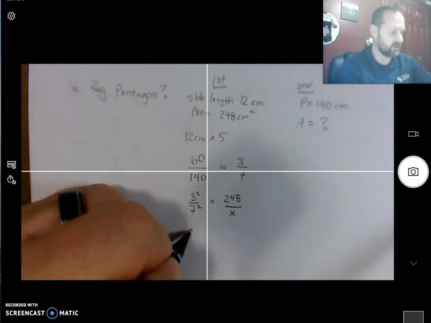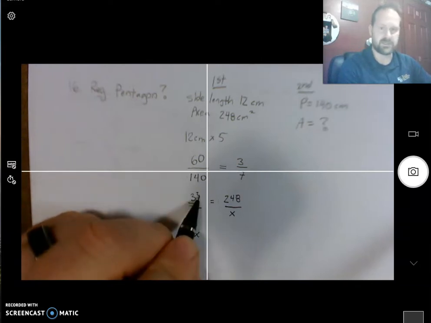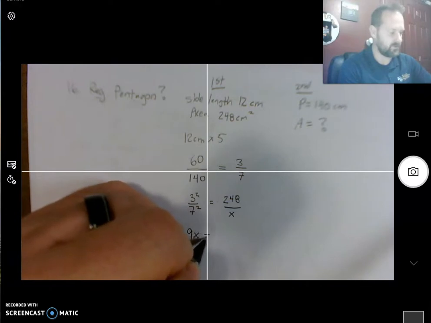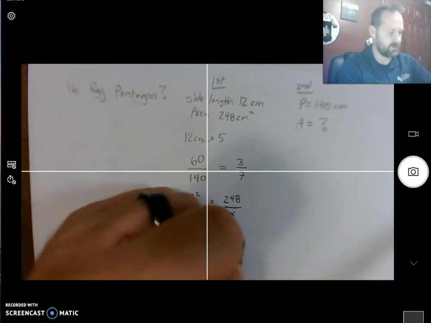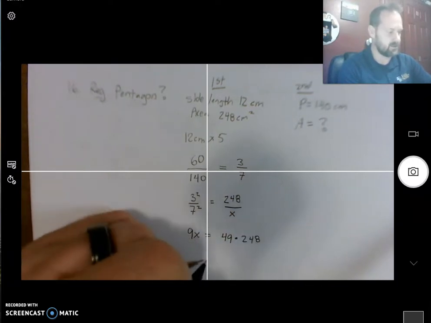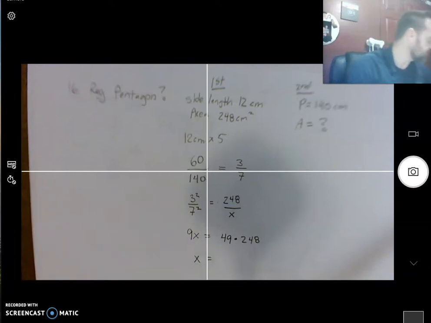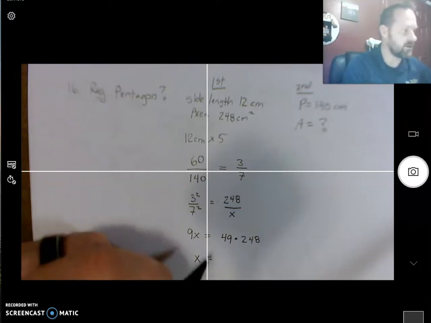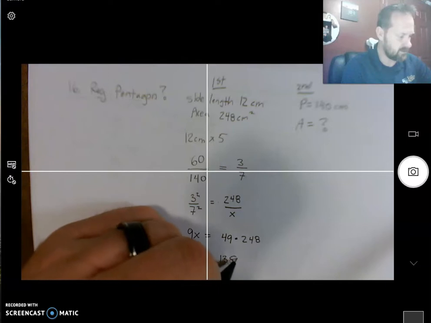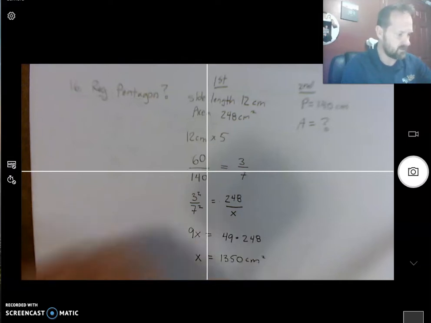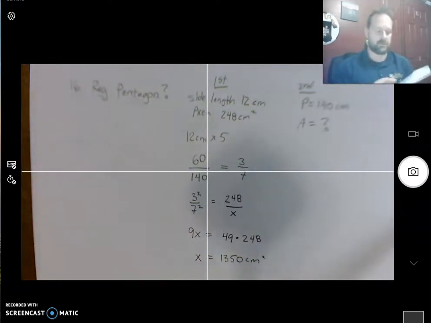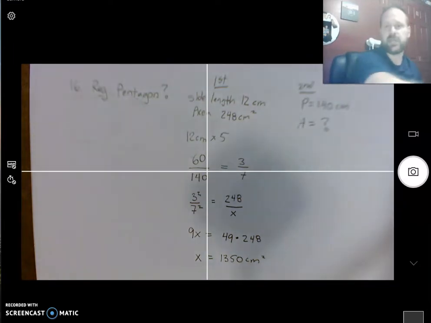Then 9 times x equals 49 multiplied by 248, and simplifying that out was, what? About 1,350 centimeters squared. Let me double check that. My work here, double check. And some change, and I rounded.